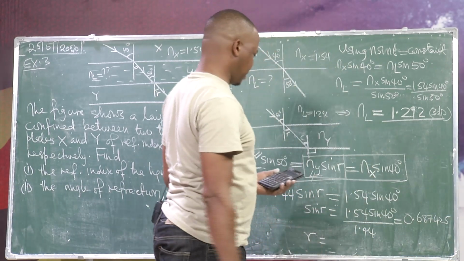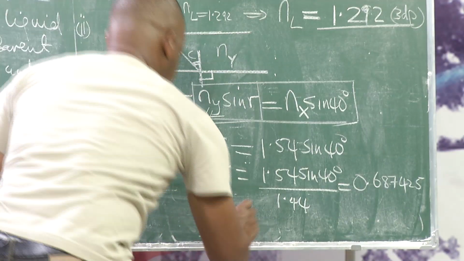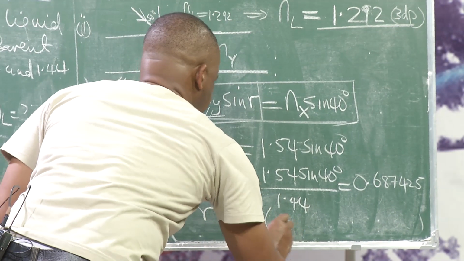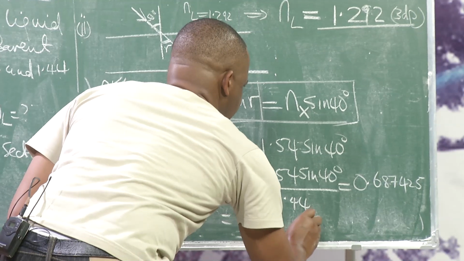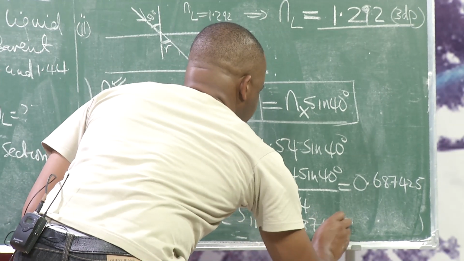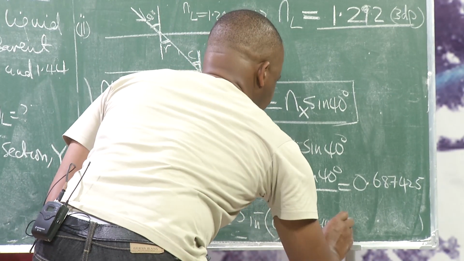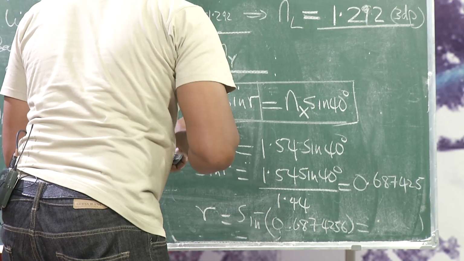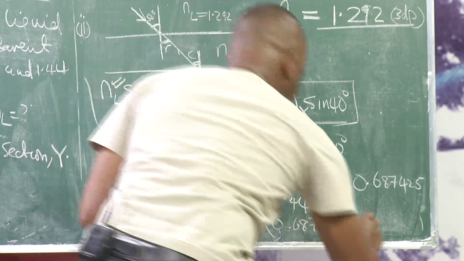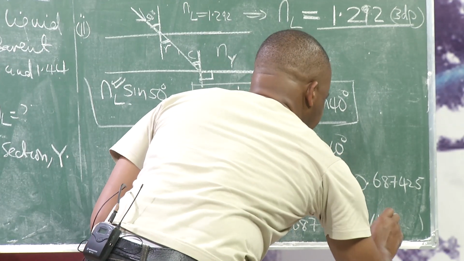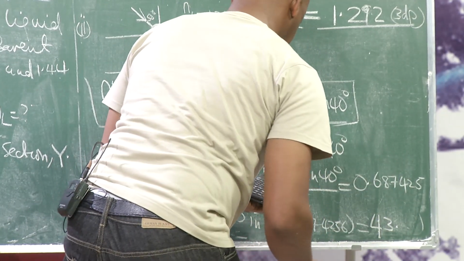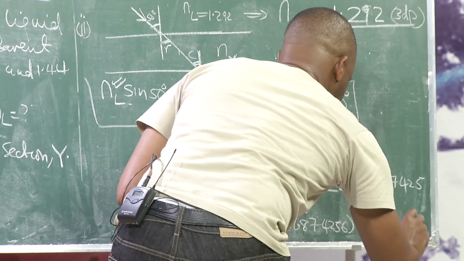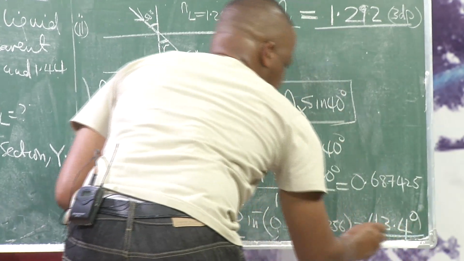Even if we took it at that point, r would be equal to the arc sine of 0.687425, and this will give us the angle as 43 point approximately 4 degrees.